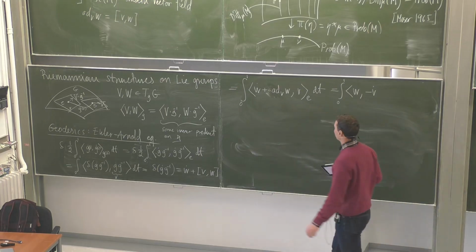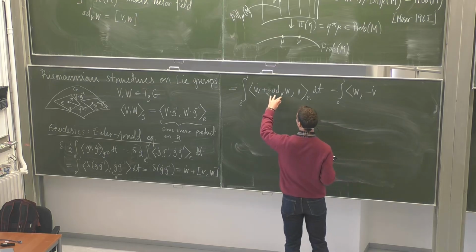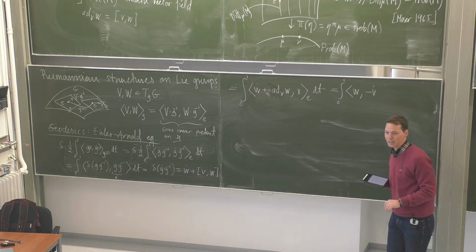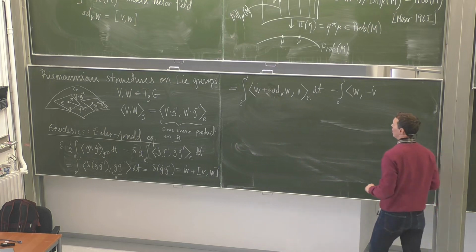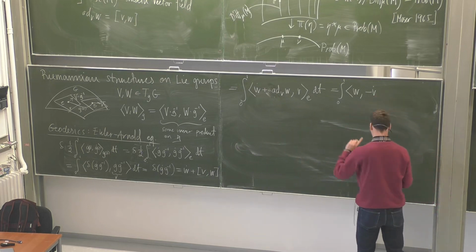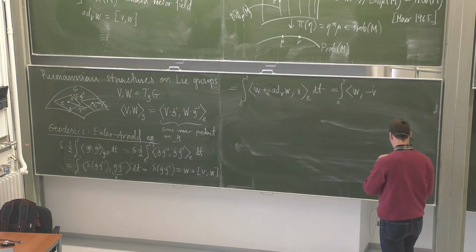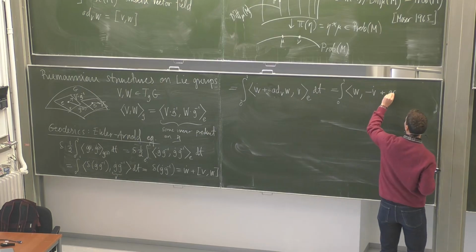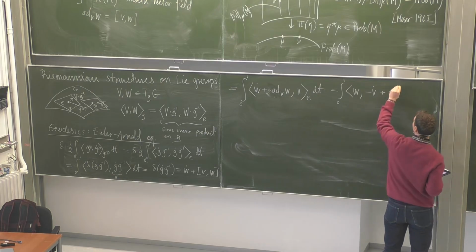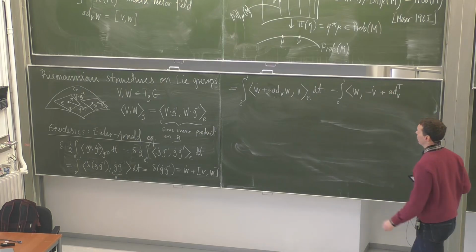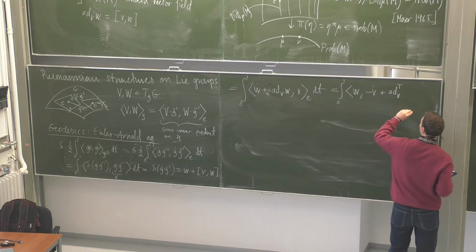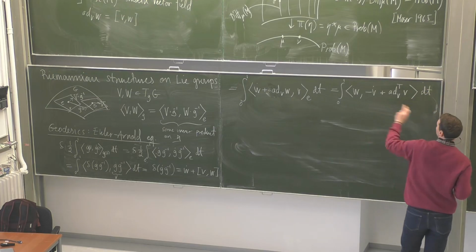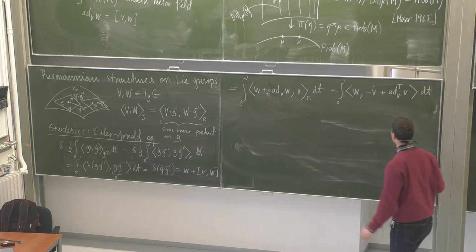We take the transpose of this mapping with respect to the inner product. We call that ad transpose. Then we're going to get minus V dot plus ad transpose of V, defined with respect to this inner product, acting on V. It has to be true for any variation.